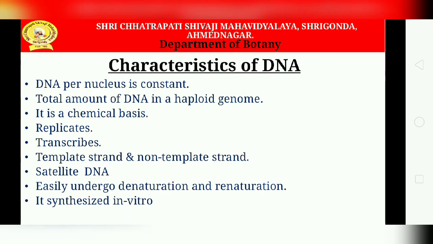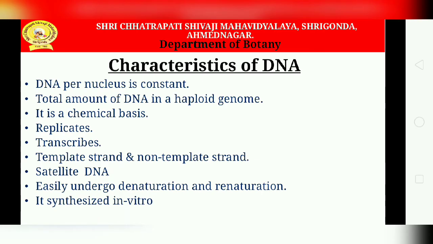Next, DNA has many repeated base sequences commonly called satellite DNA. DNA can easily undergo denaturation, or melting, and renaturation with changes in pH, temperature and salt concentration.